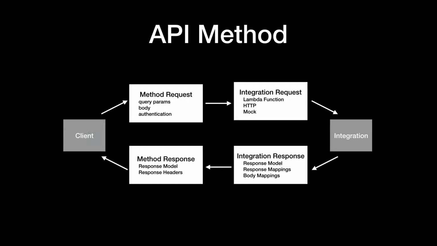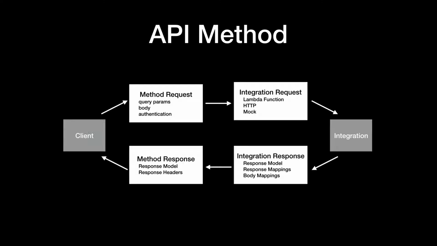An API method consists of 4 different things actually. The client would first do a method request. That allows you to inspect whatever the client is sending and to do transformations, or to say if it needs authentication or query parameters. Then you have the integration request.